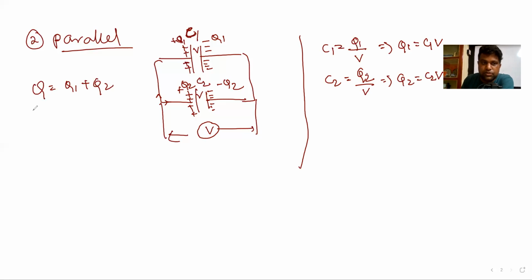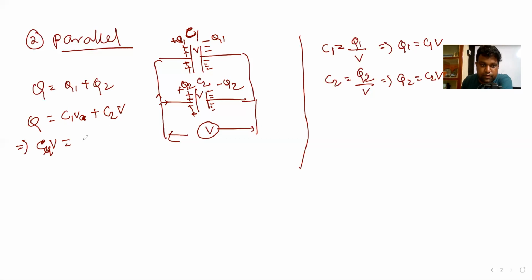C2V. So from this definition of a capacitor, we got Q1 equal to C1V. If we use Q1 equal to C1V plus C2V, that equals Q, and Q you can also write as CV. C is the equivalent or net capacitance, and V is the potential provided.